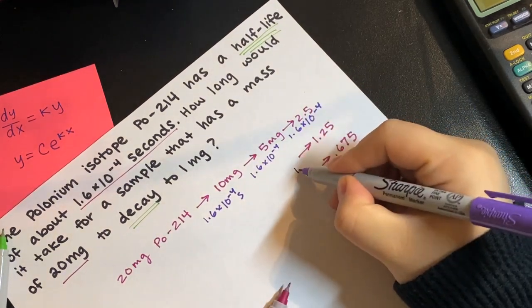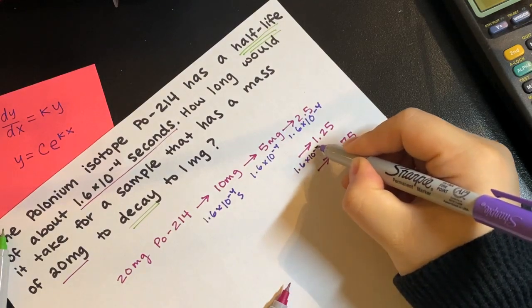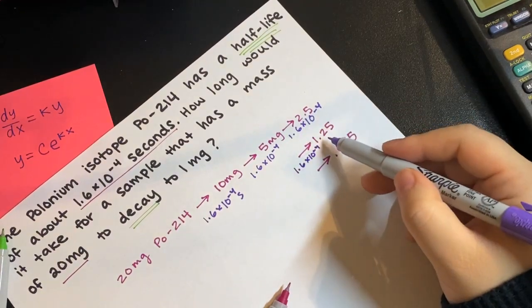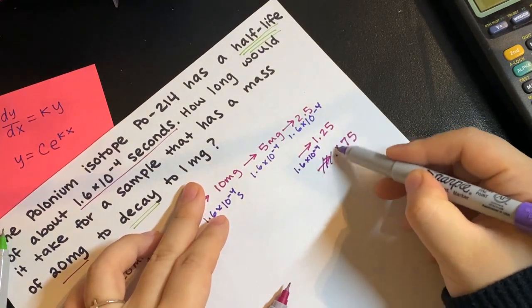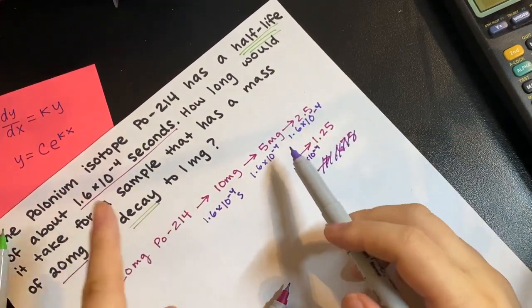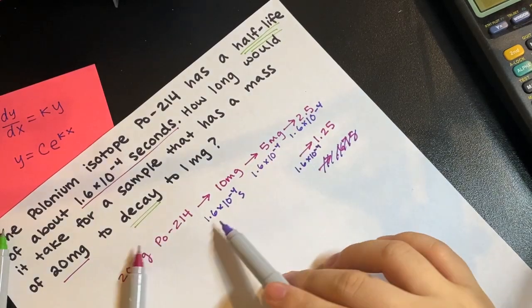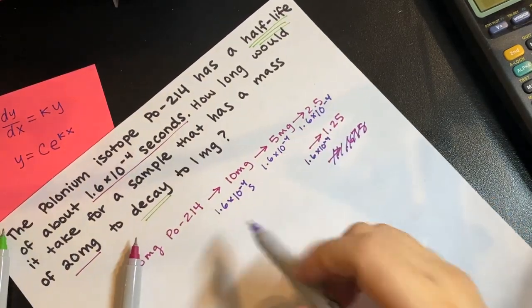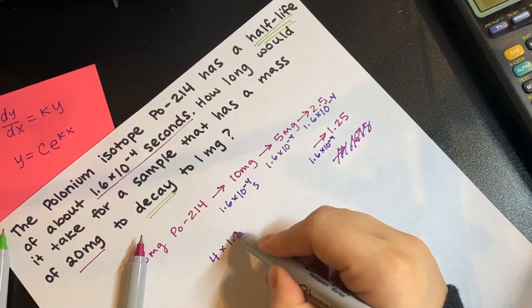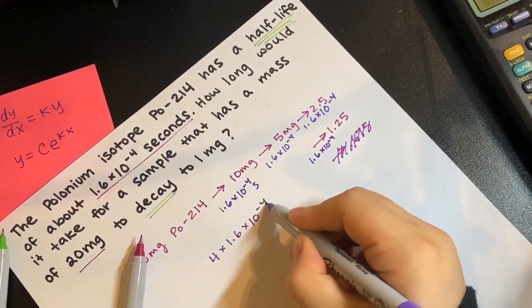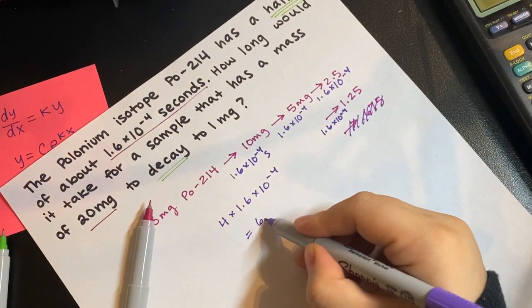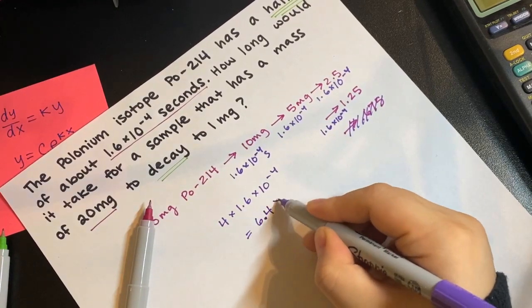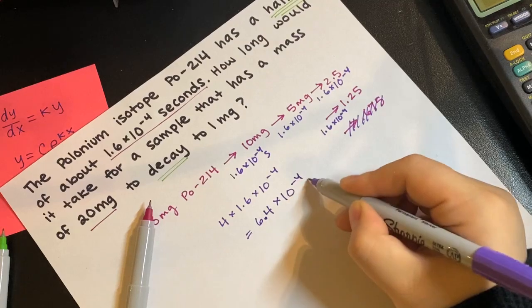So another 1.6 times 10 to the negative 4 will give us 1.25, and then not quite the next one because we only want one, so not quite this. So it's going to be a little bit more than 4 times 1.6 times 10 to the negative 4, which is 6.4, right? So 6.4 times 10 to the negative 4 seconds.